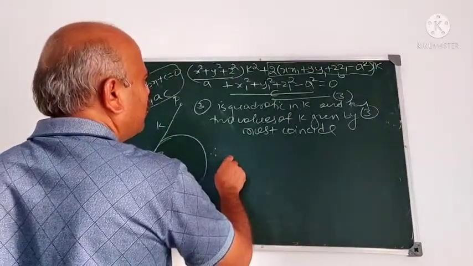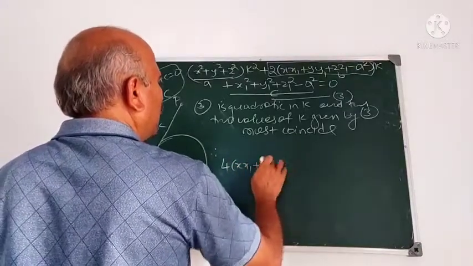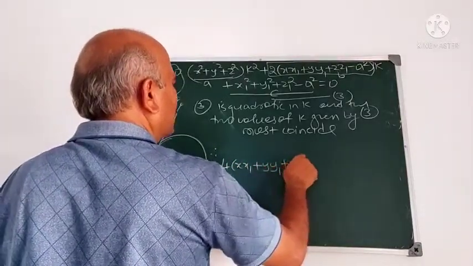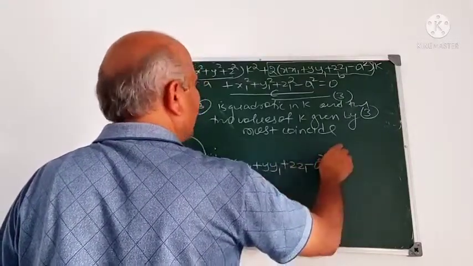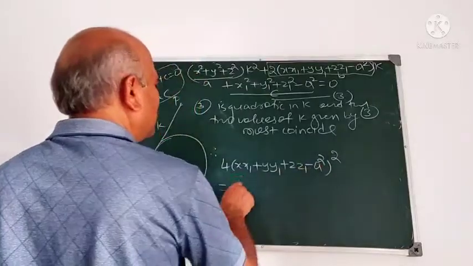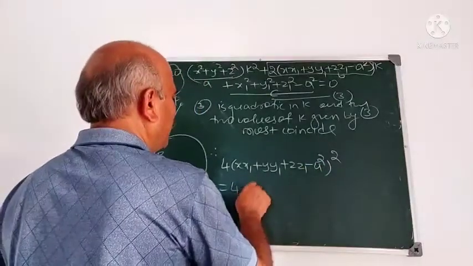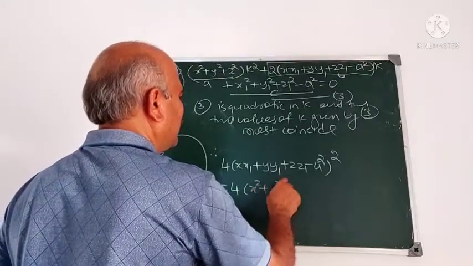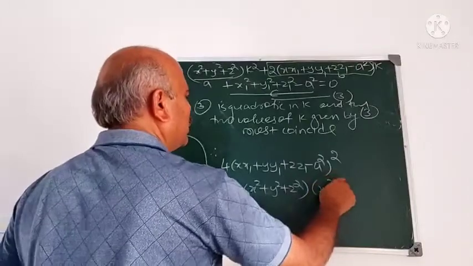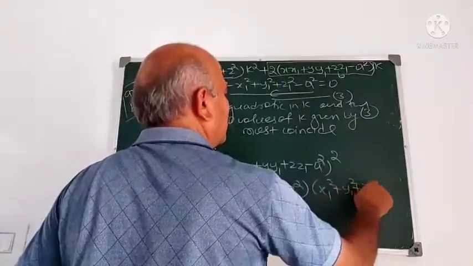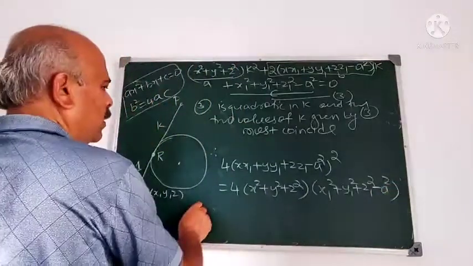What is b square? 4 into (x x1 plus y y1 plus z z1 minus a square) whole square is equal to 4 into a c, where a is x square plus y square plus z square minus a square, and c is x1 square plus y1 square plus z1 square minus a square.